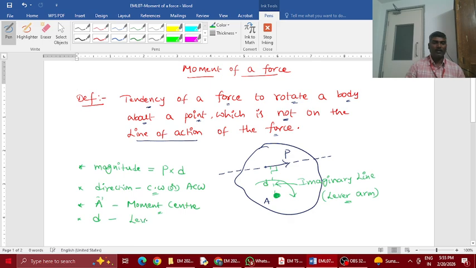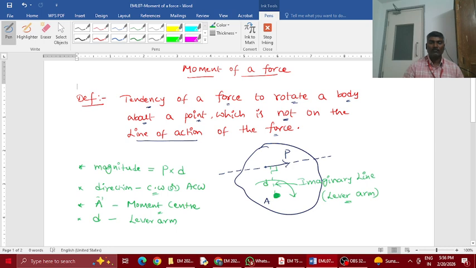It is lever arm. Okay, the imaginary line drawn from the moment center to the line of action which is perpendicular to the line of action of the force is called lever arm. Okay, so this is the complete detail about moment of a force.